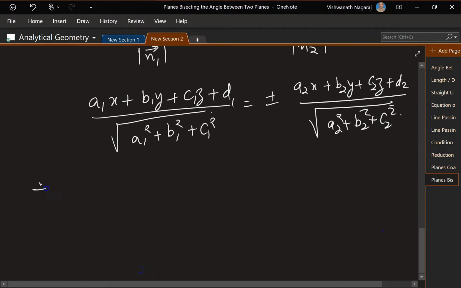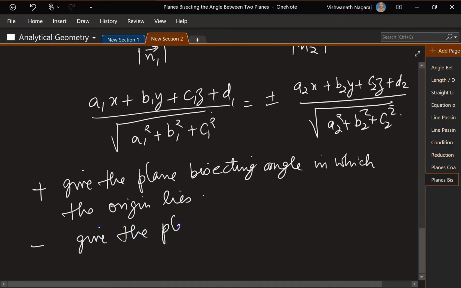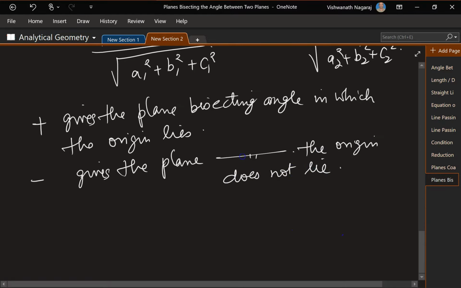And again, positive gives the plane bisecting the angle in which the origin lies, and negative gives the plane bisecting the angle in which the origin does not lie.